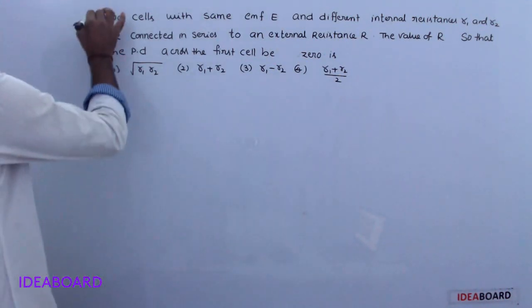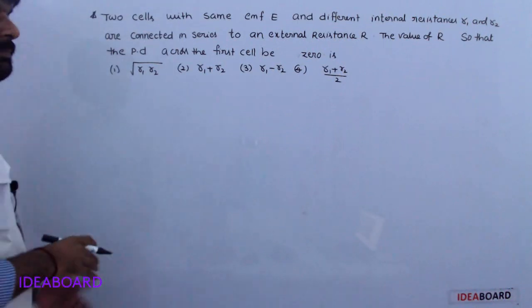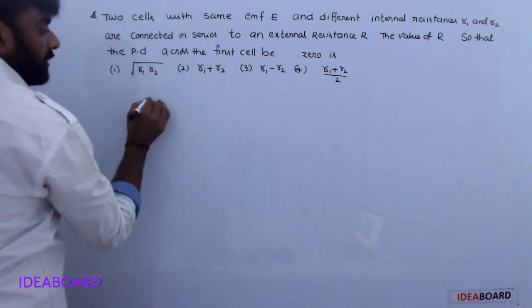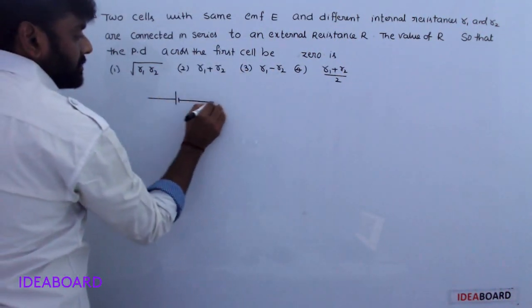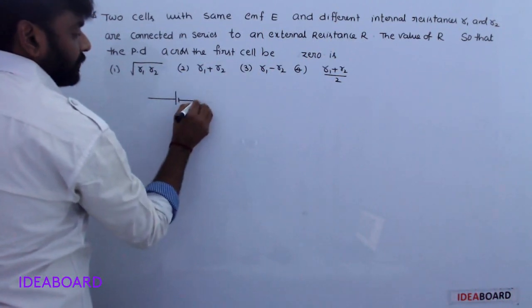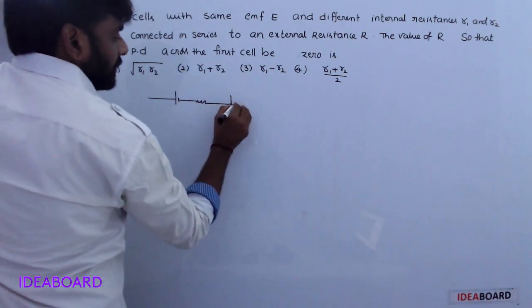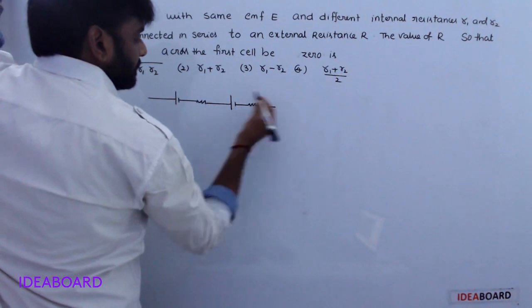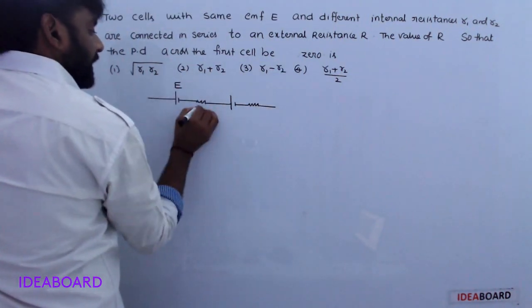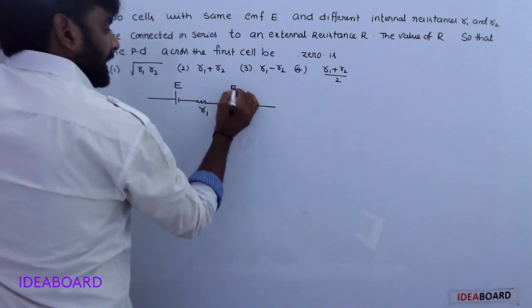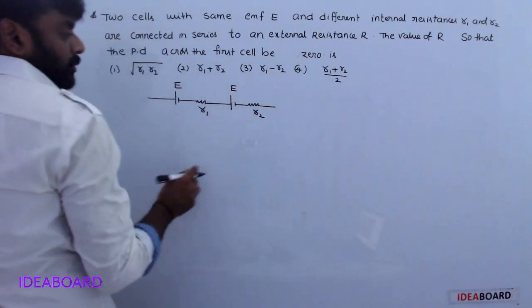This is an important model. See, first cell, second cell: EMF E with R1, EMF E with R2.